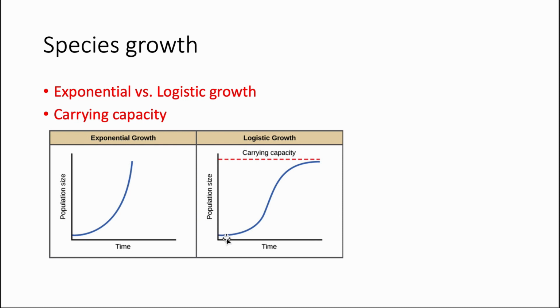So the logistic growth curve is this S shape, this sigmoidal curve growth pattern. It increases at an increasing rate in the beginning, and then as the population approaches carrying capacity, it actually starts to increase at a decreasing rate, right?